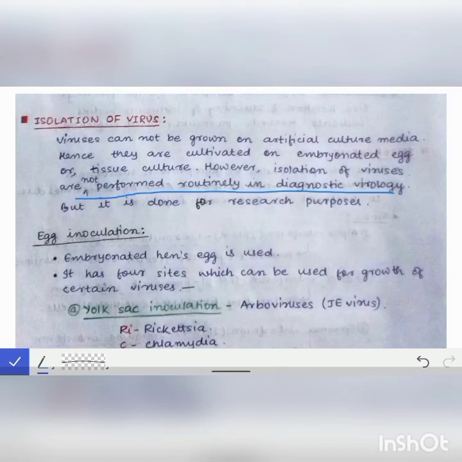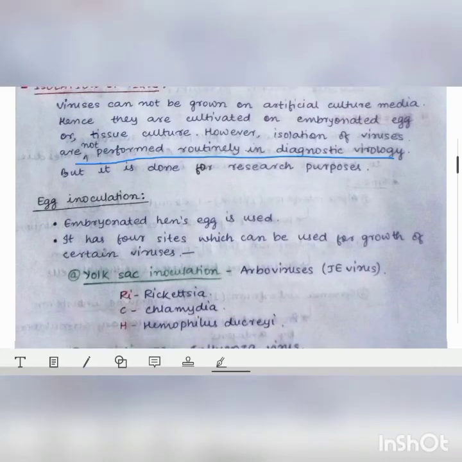So in today's world, the most commonly used methods for virus isolation are egg inoculation and cell line culture. In egg inoculation, we take the embryonated hen's egg and inoculate the virus at four different sites, where the virus can grow.